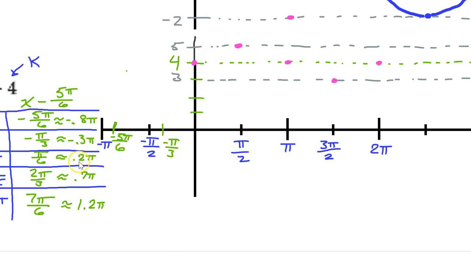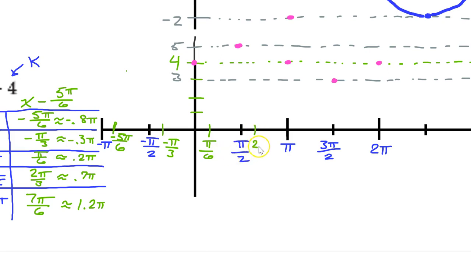Now positive 0.2 pi, well this is 0.5 pi right here, so 0.2 pi is going to be just about here. So this will be our pi over 6. And then our 2 pi over 3, that's about 0.7 pi. Again, this is about 0.5 pi, so 0.7 pi is going to be right about here.